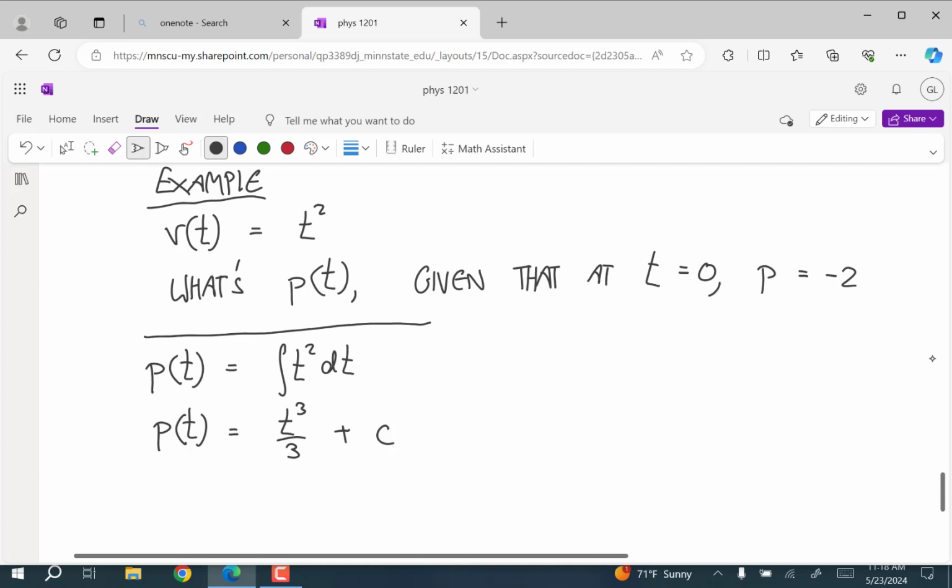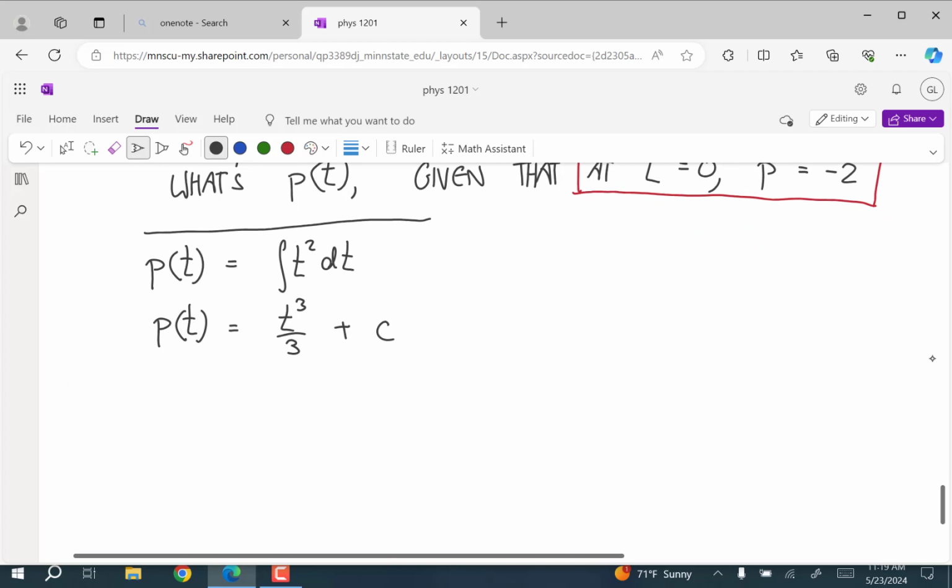Now we can calculate this constant of integration by using this information. So what we're going to do is plug in 0 for t and negative 2 for p, and we're going to calculate this c.